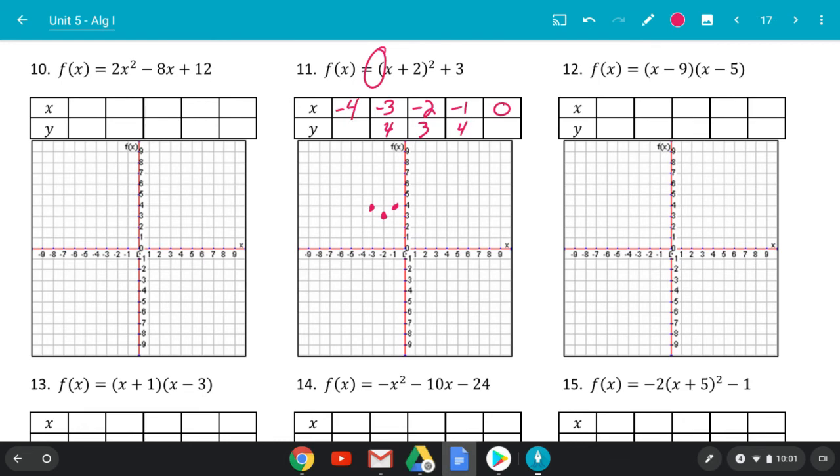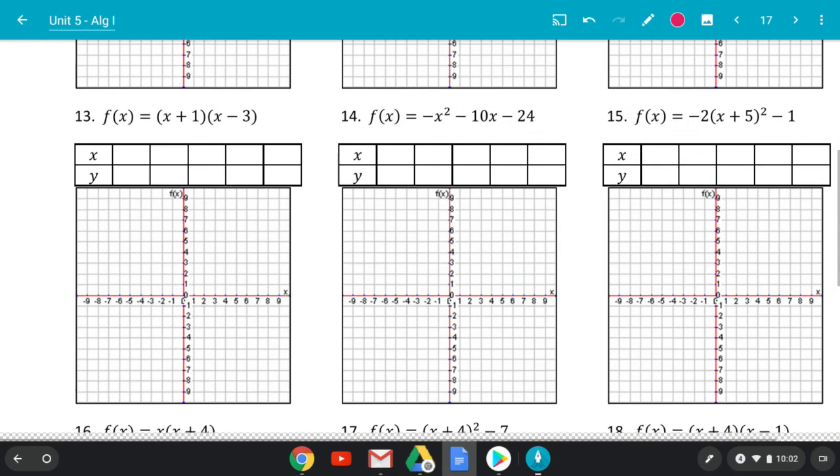I'm going to plug in the 0, so find f of 0, which is 0 plus 2 squared plus 3. Well, 2 squared is 4 plus 3 is 7. Parabola. How long did that take? Didn't take long at all, right? That's about how long it should be taking you once you get good at this.